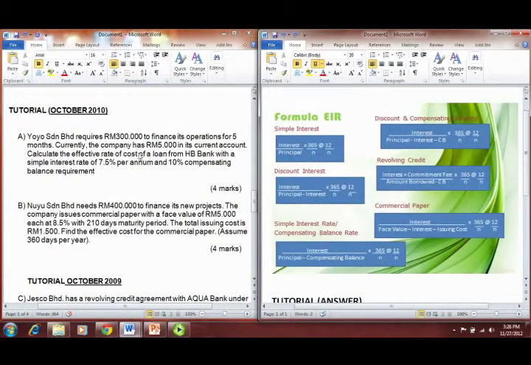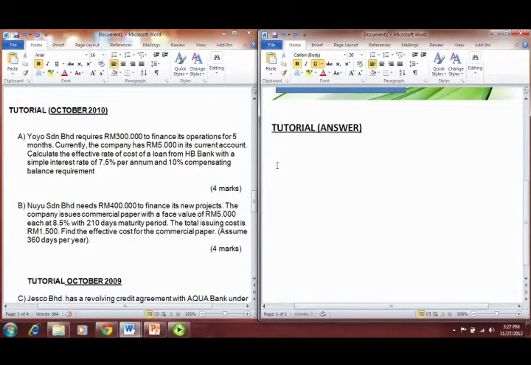Now you can see on the left side the past semester question, October 2010. Yoyo Sendirian Berhad requires 300,000, correct? Class, step 1, my advice is you should extract the information.